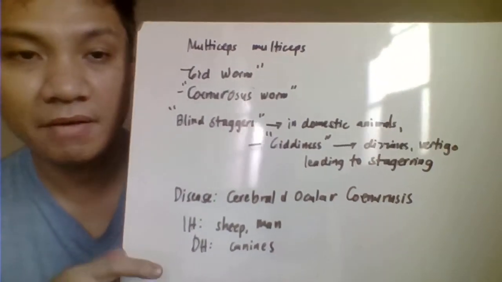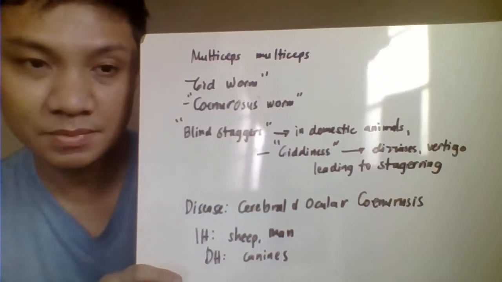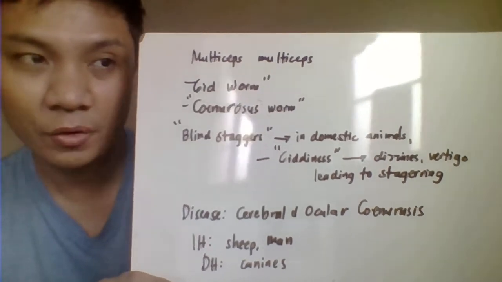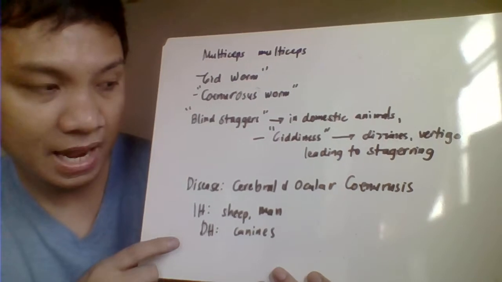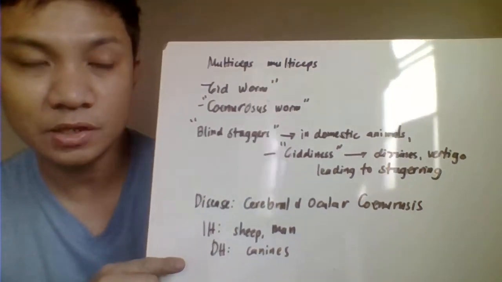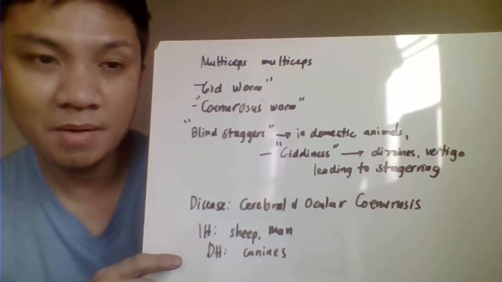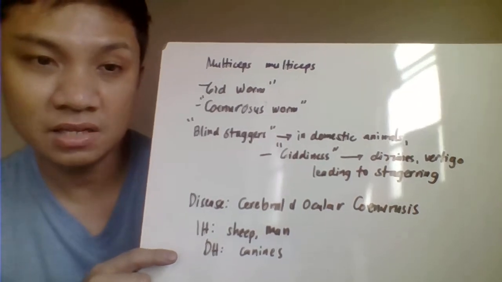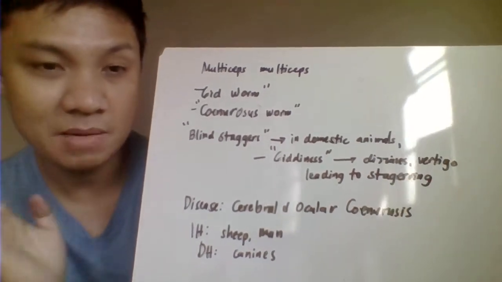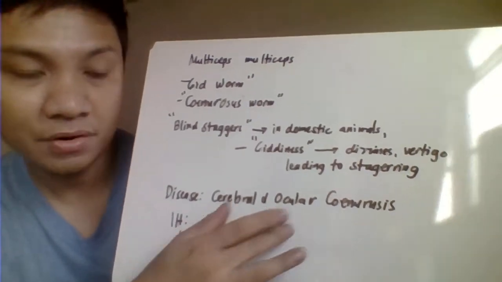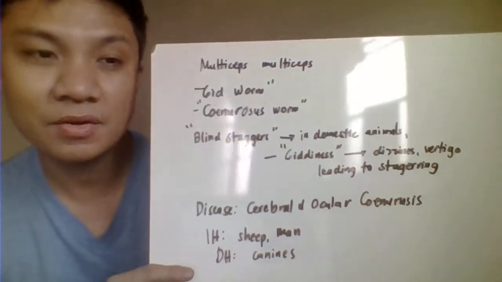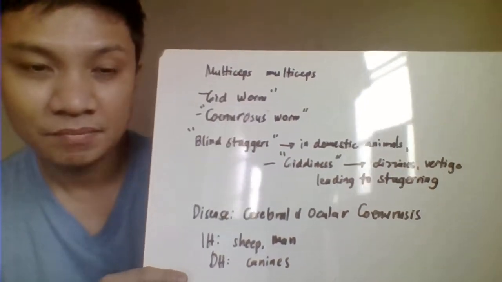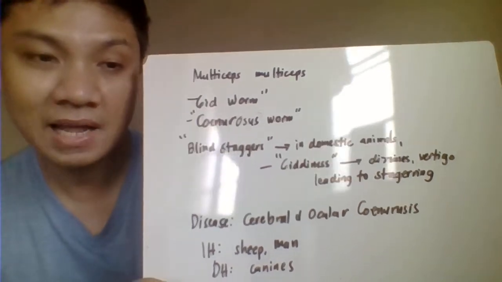Okay, the last one, we have here the Multiceps, also called your gid worm or coenurosis. Again, it tries to cause here cerebral and ocular coenurosis. The larval worm could eventually lodge in your brain, so yun ang mahirap pag sa brain, and also your eyes. So it causes the disease called blind staggers, which is manifested in domestic animals.